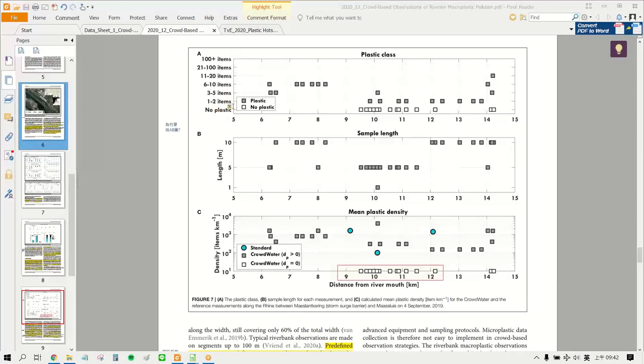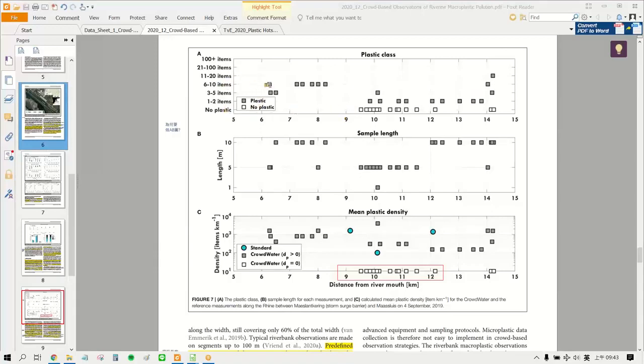And the y-axis is the count of the plastic. So from no plastic to more than 100 items. So you can see these squares are the data. They have many surveys find there's no plastic, and sometimes there are 1 to 2 items, and sometimes the largest will be 11 to 20 items.